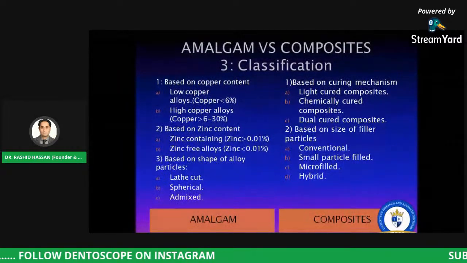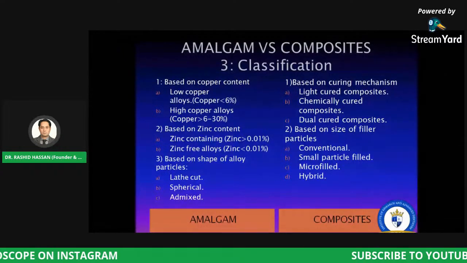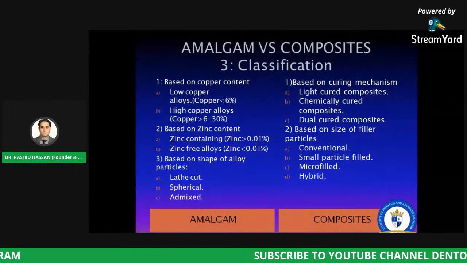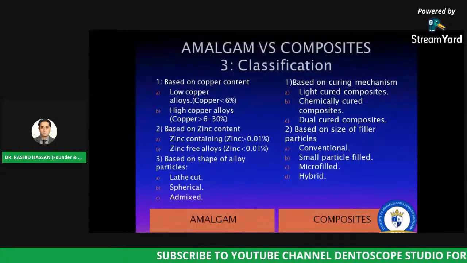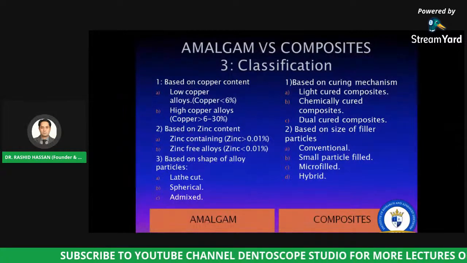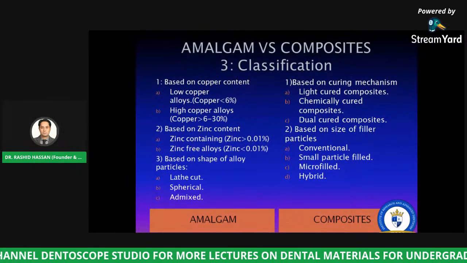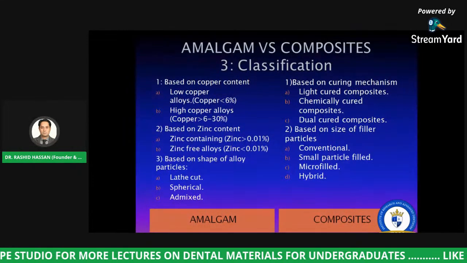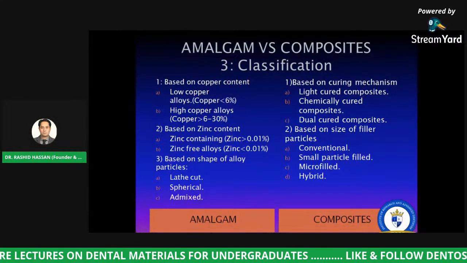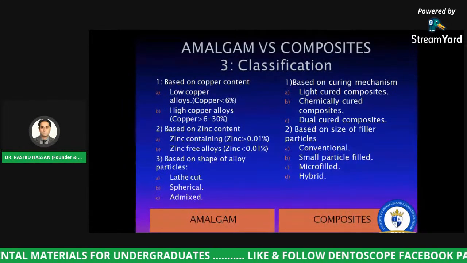In case of light cured composites, they are only going to get set by activation light. There is the photo initiator, which I told you, camphor quinone, which is present in the light cured dental composite.